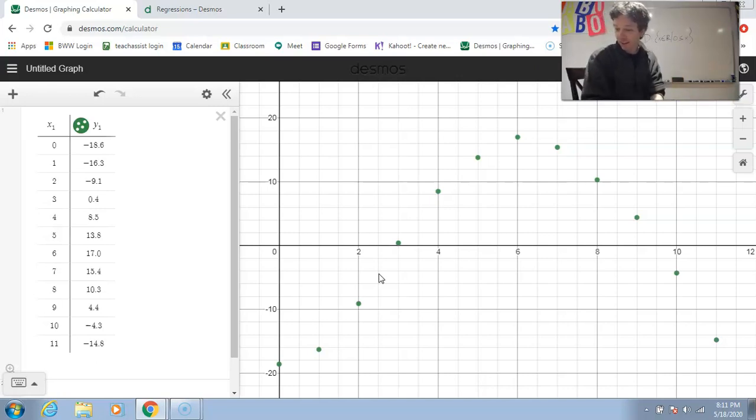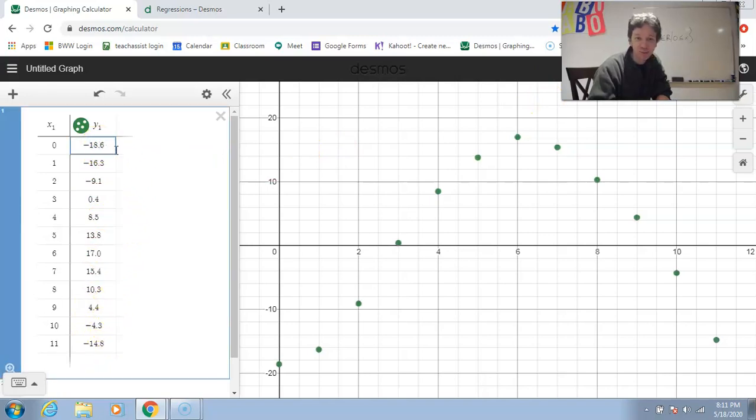All right, question 5 says, state the minimum and maximum values, include the proper units. Okay, so there's 2 ways to do that. You can look at your table and look for the minimum value. You can see right there it is minus 18.6, or you can actually just go on your graph and click on that lowest point, right? And it says minus 18.6.